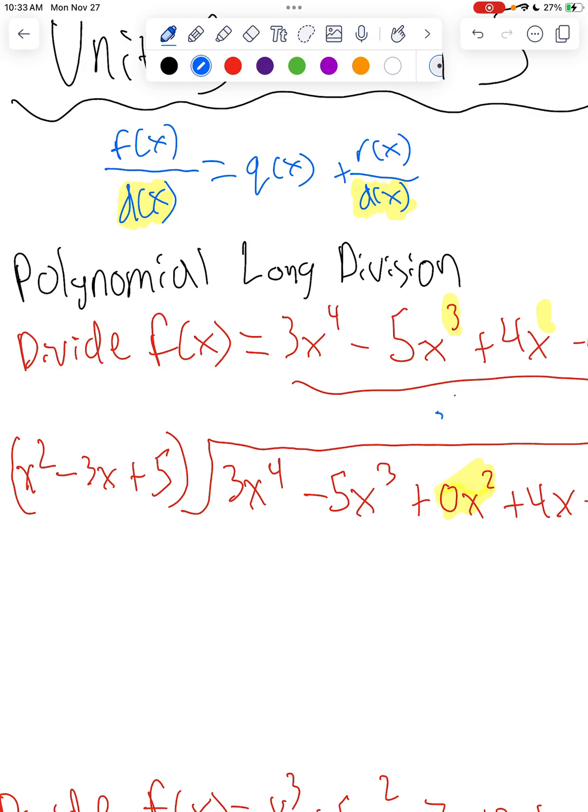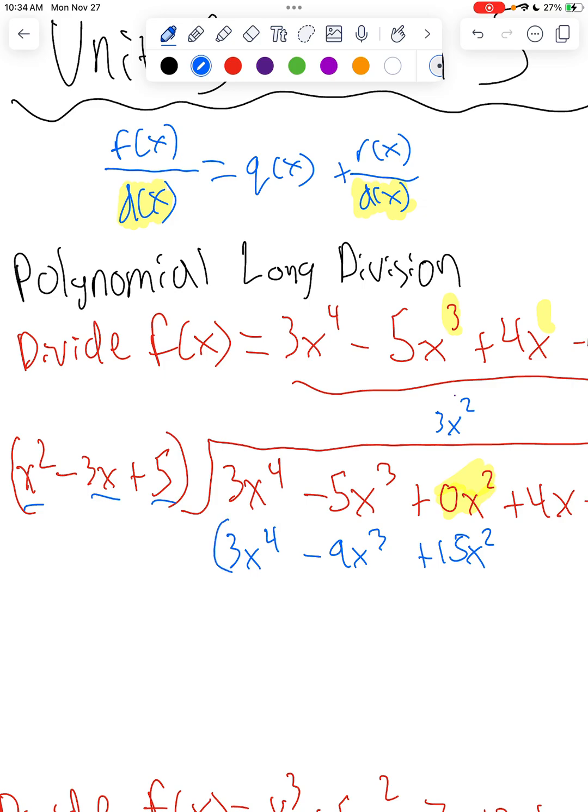I need to multiply by 3x squared. So I'm going to take 3x squared and multiply it here, here, and here. That gives me 3x to the fourth minus 9x to the third plus 15x squared.